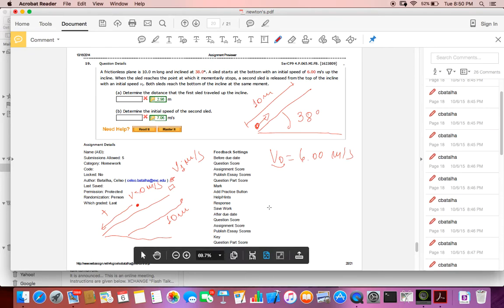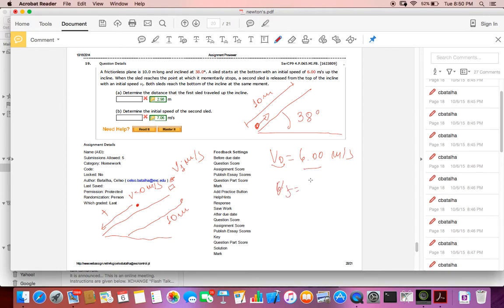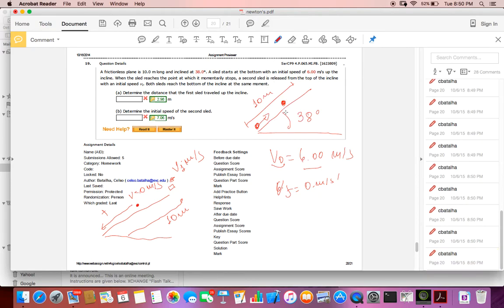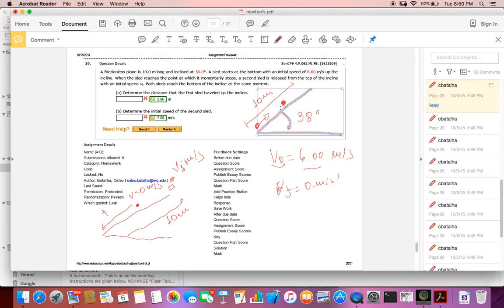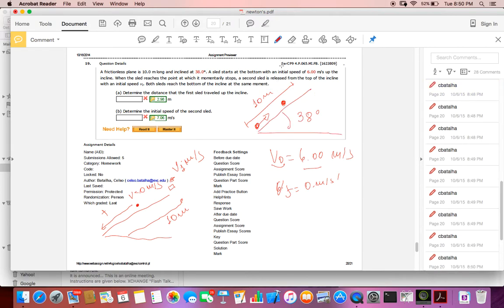So let's find that. The initial velocity is 6. The final velocity for the first sled is 0. And what is the acceleration? To find the acceleration, you place the sled somewhere on the incline, and then you do a free body diagram on it.